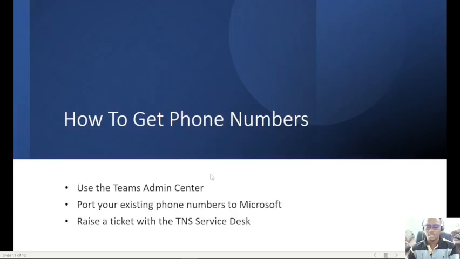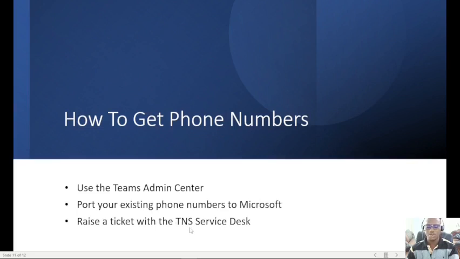And the last option that we have is to raise a ticket with the TNS service desk, the Teams number service desk. Before now, this was known as the PTN desk. There are types of numbers that you may want to acquire, and you are not able to get them directly through the Teams Admin Center, or you don't have them with your existing service provider before moving to Microsoft, and so you would want a special service here. So you can just raise a ticket with the Teams number service desk and you will be assisted.